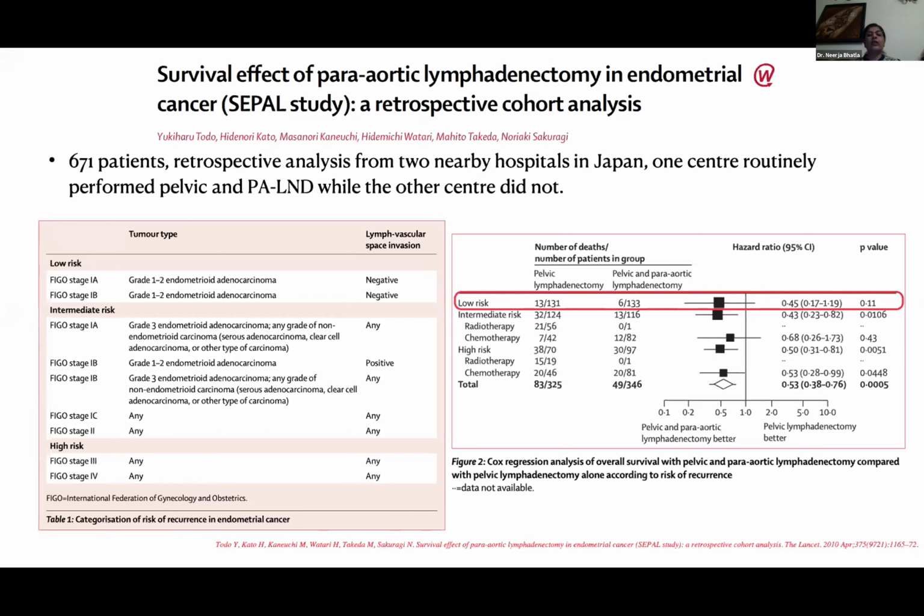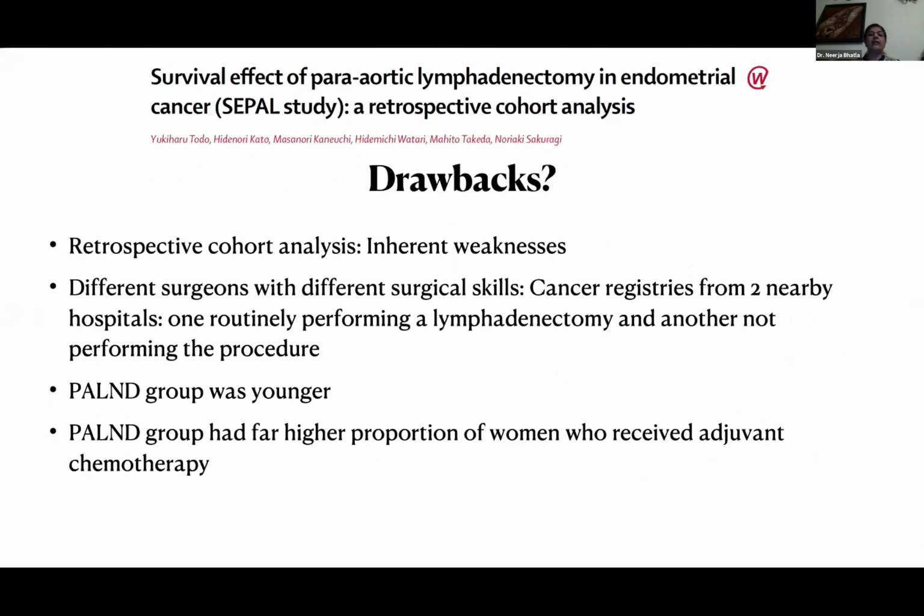And these were two nearby hospitals in Japan where one center was routinely doing the procedure and one center was not. So it's retrospective, it's got different surgeons with different skills. The cancer registries from two hospitals, one has one philosophy, the other has another. The para-aortic lymph node group was much younger, 40-year-olds on a median, and had a far higher proportion of women who received adjuvant chemotherapy. So none of the trials is really beyond problems.